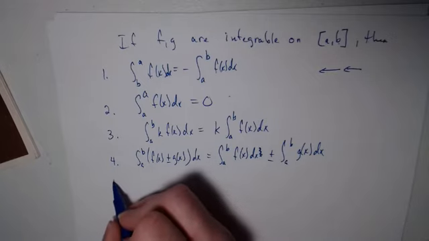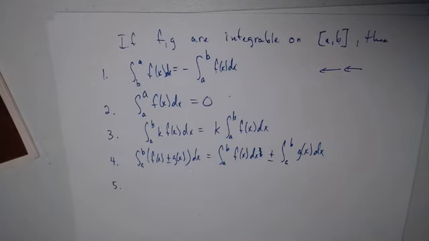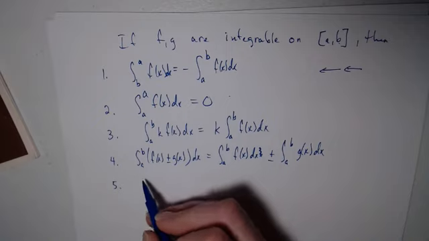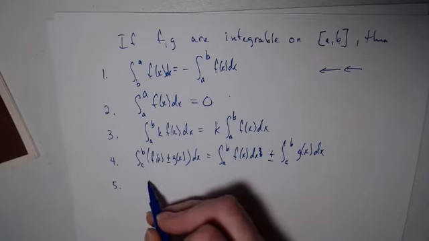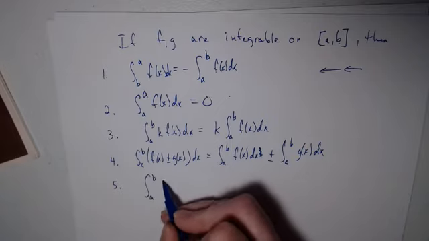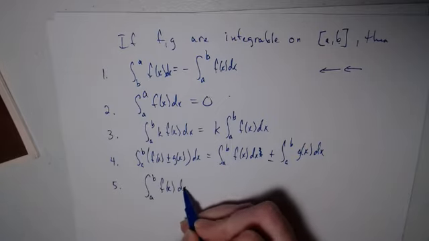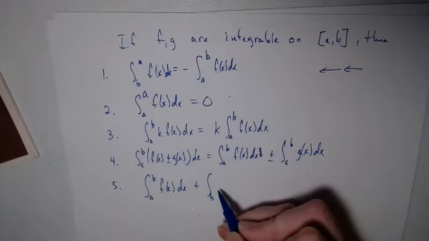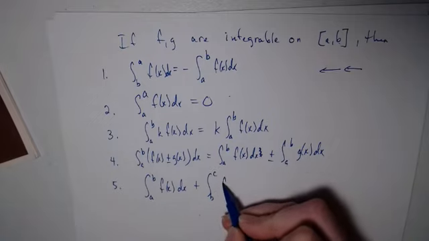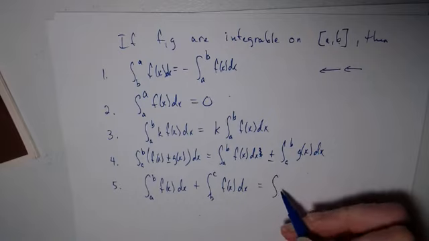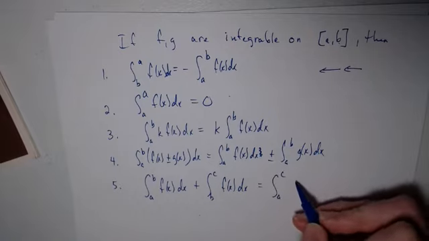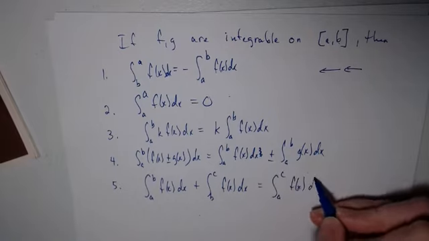Property 5, this is the slick property that I was telling you about that allows us to account for a discontinuity so long as it's not a really weird one. So the integral from a to b of f of x dx plus the integral from b to c of f of x dx is equal to the integral from a to c of f of x dx.